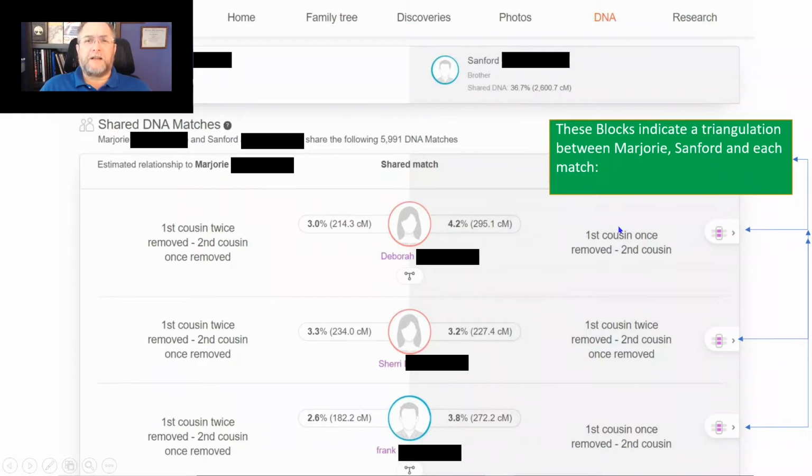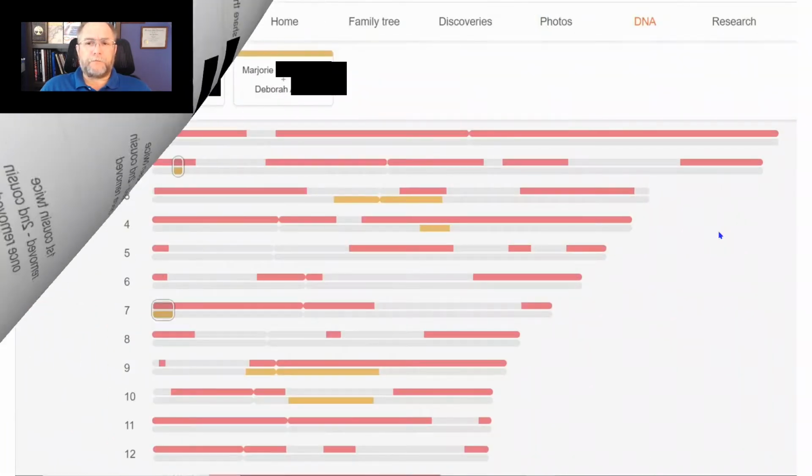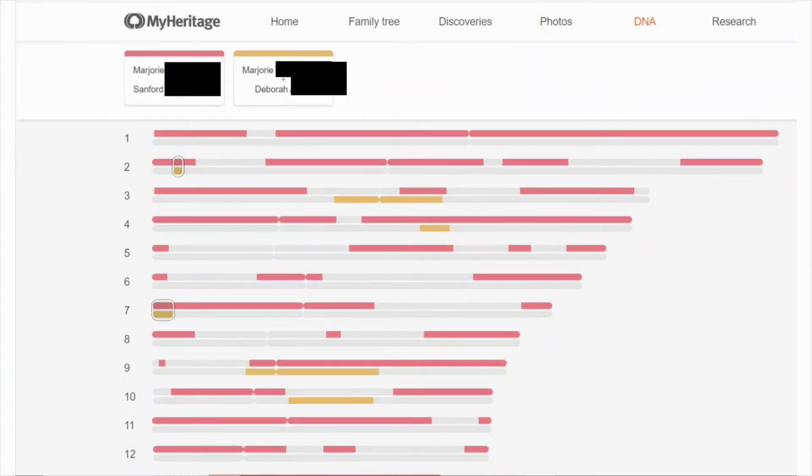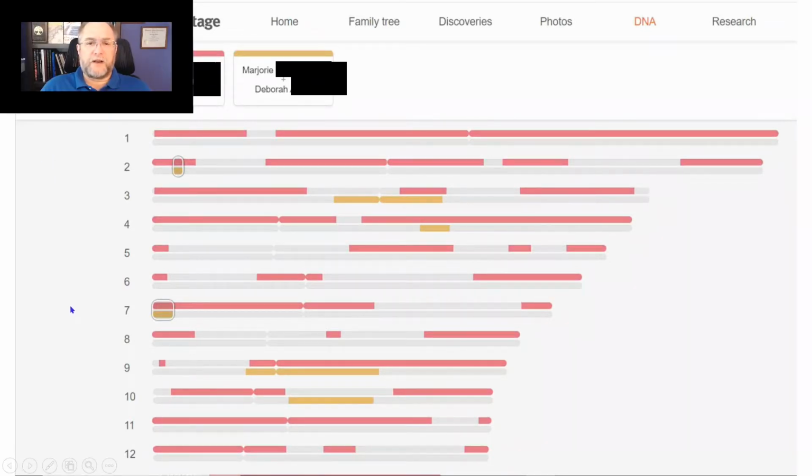To go into the DNA and see what the triangulation is, you click this button here. And when you go into this, you'll see a page like this. Now, you see a lot of red here for Marjorie to Sanford. Again, they're siblings, so they're going to have a lot of matching DNA. And this is Marjorie to Deborah. What I want to point out here is you'll see that there's a couple areas that have little blocks or circles or ovals around them.